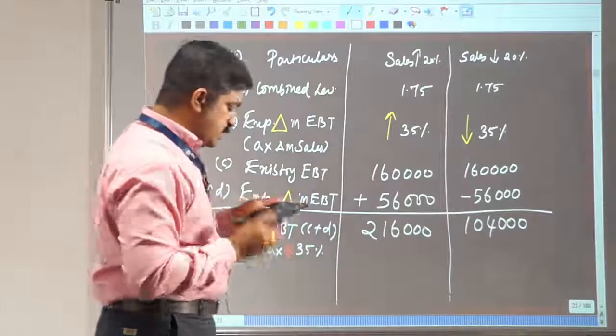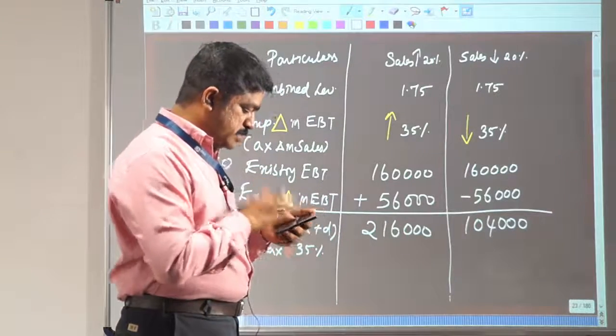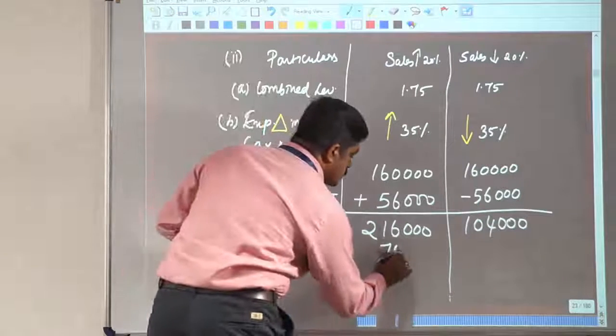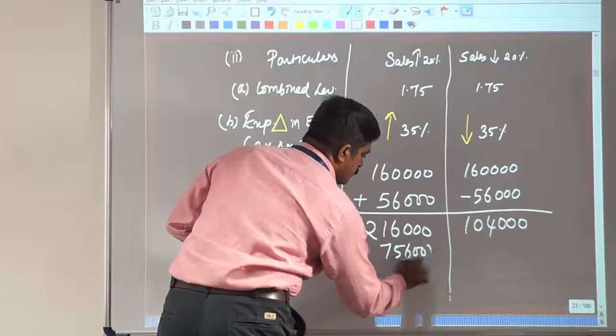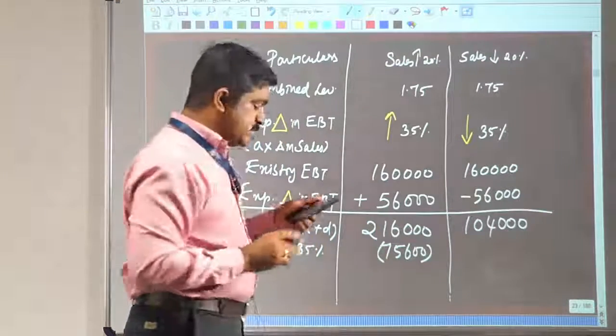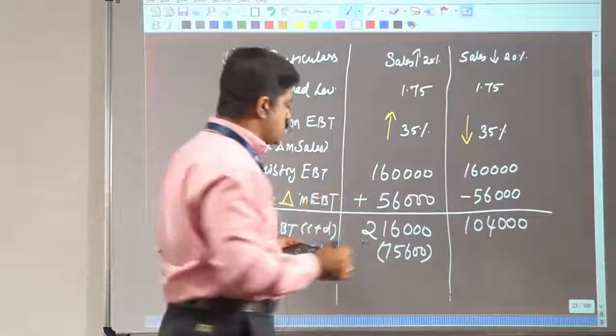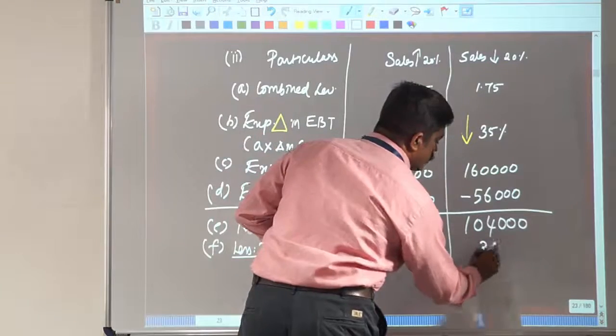So 2,16,000 at 35%, how much does it work out to? 75,600. And in the second case, it works out to 1,04,000 into 35%, it is 36,400.